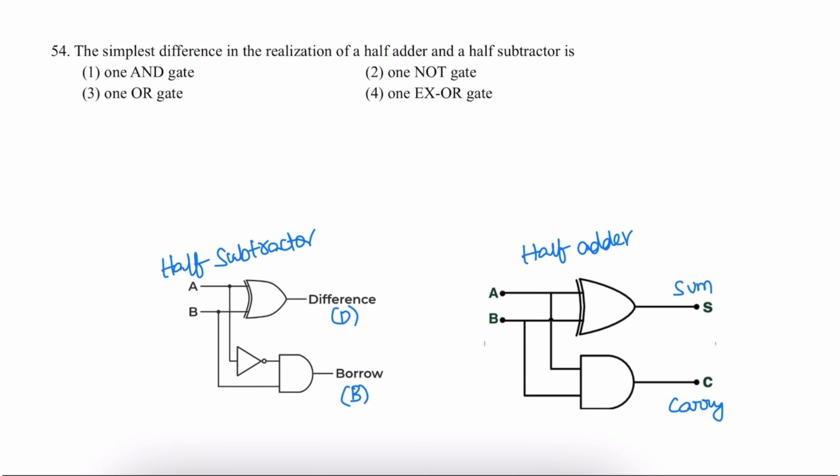Next question. The simplest difference in realization of half adder and half subtractor. This is a half subtractor circuit and half adder circuit. Half adder contains two inputs A and B and two outputs sum and carry. Similarly, half subtractor contains two inputs A and B and two outputs difference and borrow. The half adder circuit has one XOR gate and one AND gate, whereas half subtractor has one XOR gate, one AND gate in addition to a NOT gate.